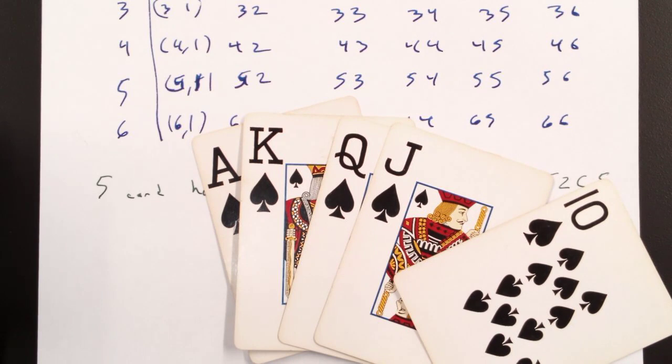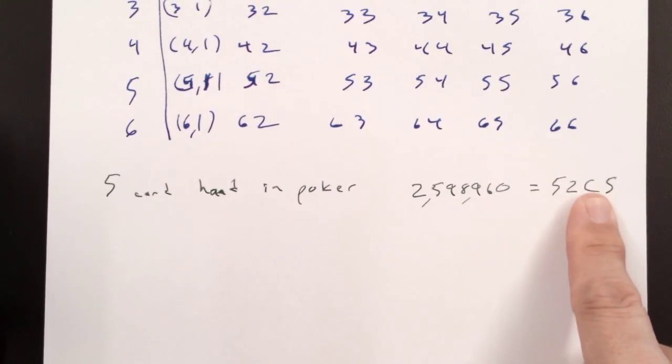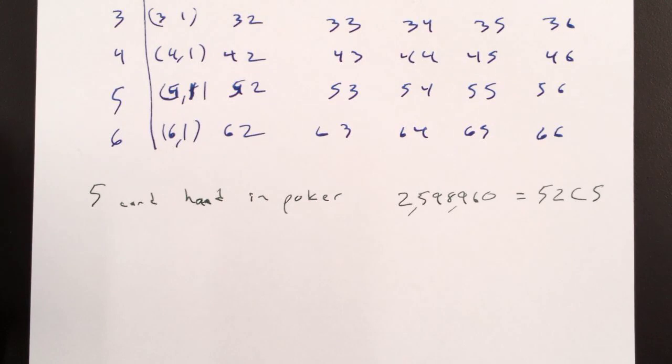52 times itself 5 times? No, because that would assume that I could get the same card twice. 52 times 51 and so on, that's our combination number. The size of my sample space is this number right here.